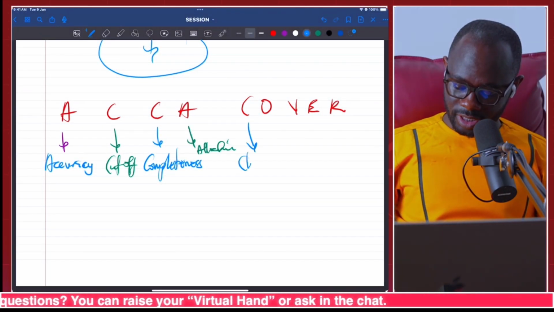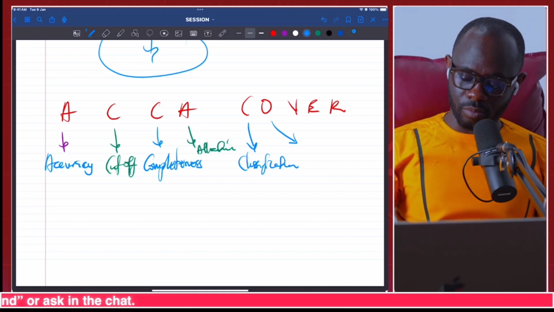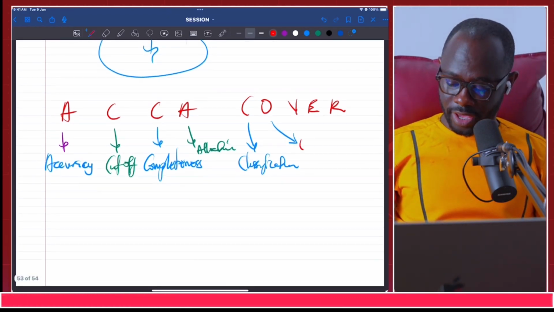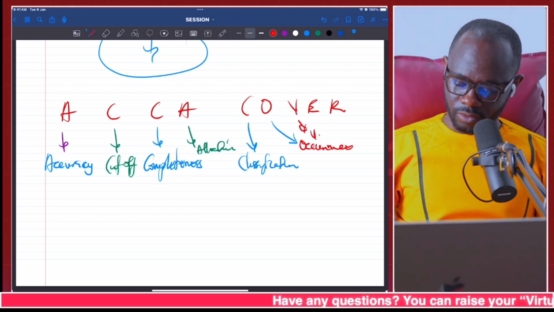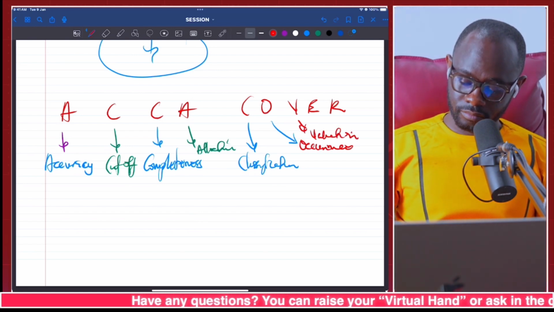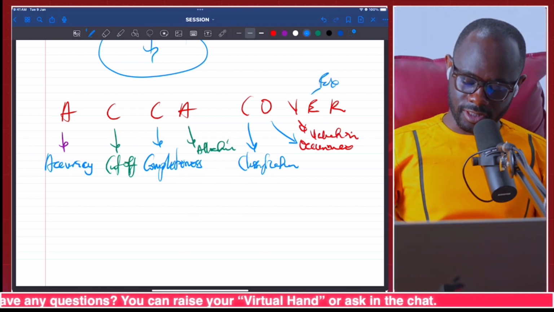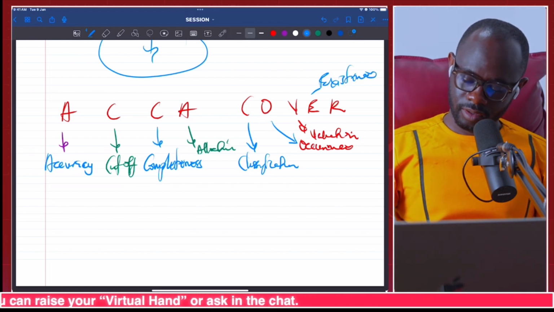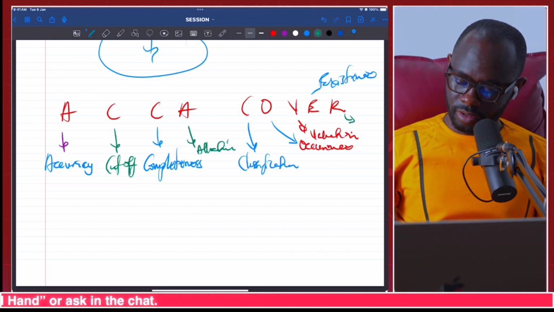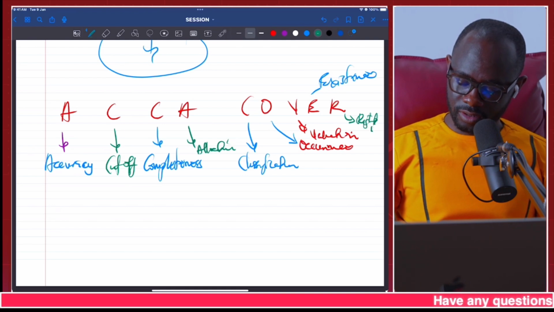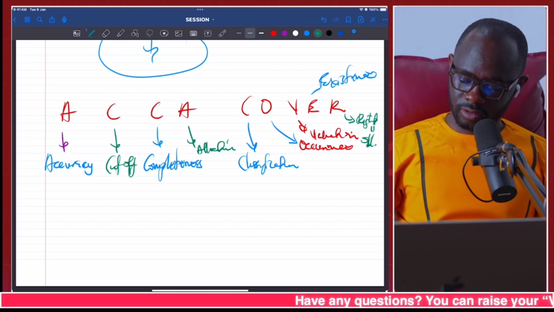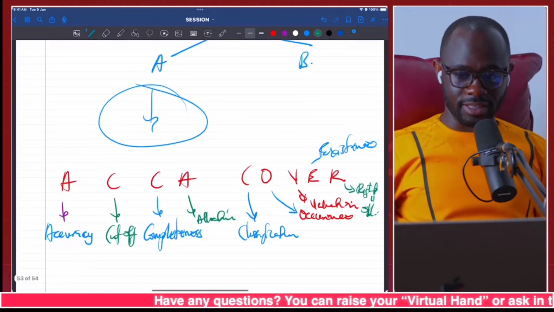This C will be classification. O will be occurrence. V will be valuation. E will be existence. R will be rights and obligations. So that's the ACCA cover.